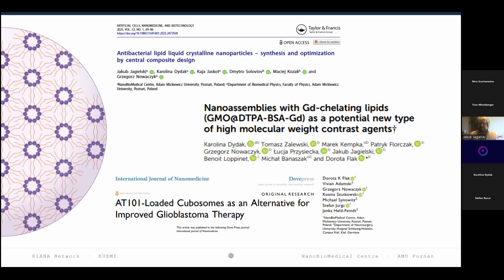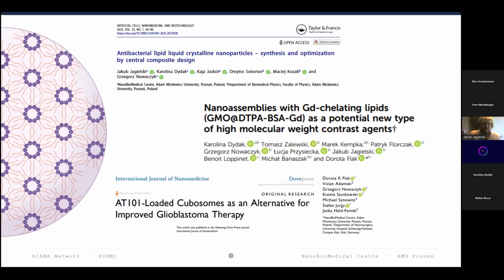So as you can see, these advantages are reflected in the literature. We already research different branches of liquid crystalline nanoparticle applications, starting from antibacterial liquid crystalline nanoparticles, which are my main research field.